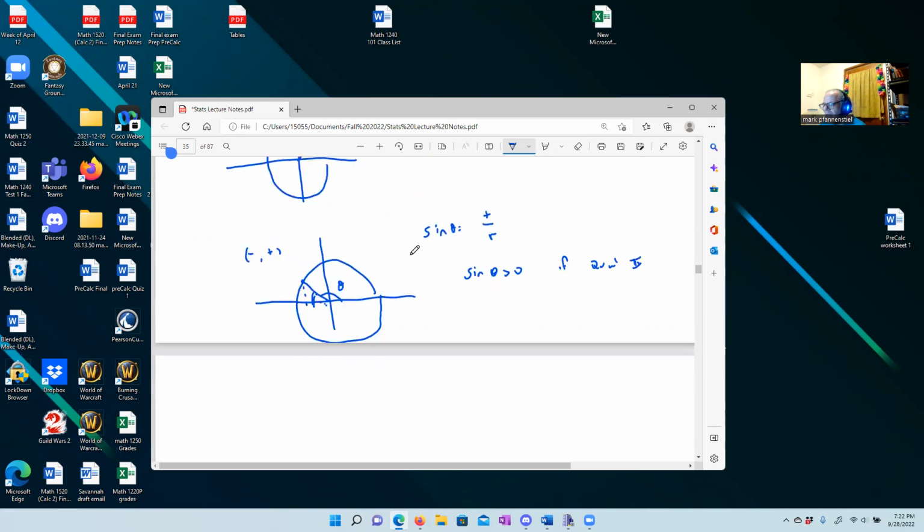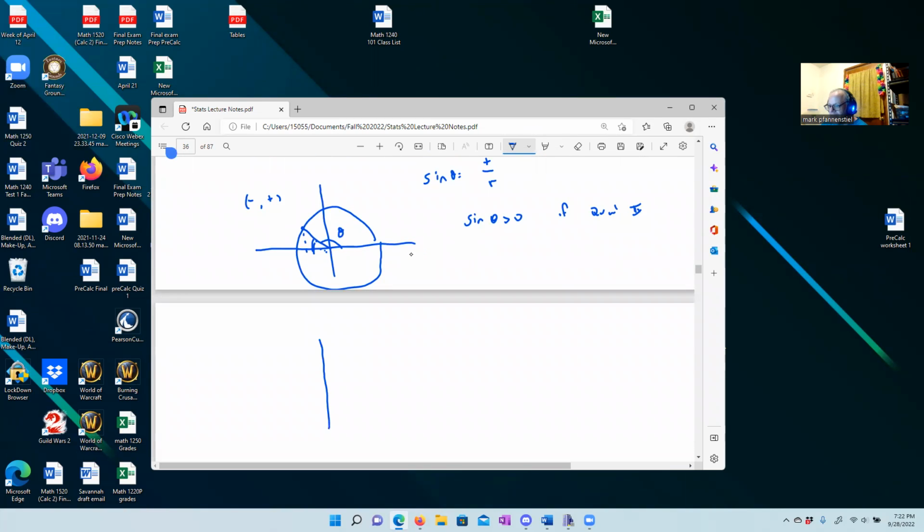How about quadrant 3? For quadrant 3, we have a point down here. Technically the angle we're looking at is something like that, but we're going to use the reference angle. Reference angles always go from the terminal end to the nearest horizontal. Always to the horizontal. Don't go vertical.